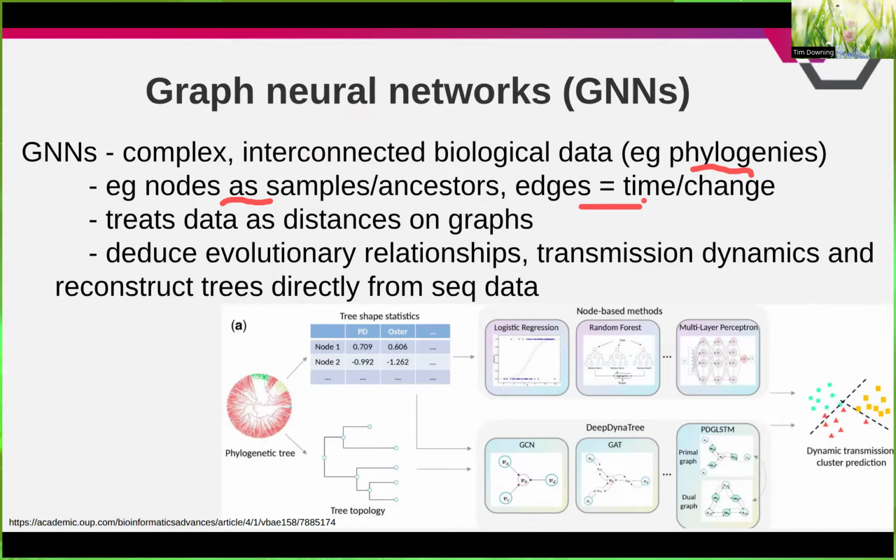And the distances between these nodes are reflected in the graphs, and that allows us to use evolutionary relationships, transition dynamics, and reconstruct the trees as well. So you can see it here. We have a phylogenetic tree in the topology and a distance matrix here. And we could apply different node-based methods like logistic regression, random forest, and so on, or other methods that allow more sophisticated modeling.